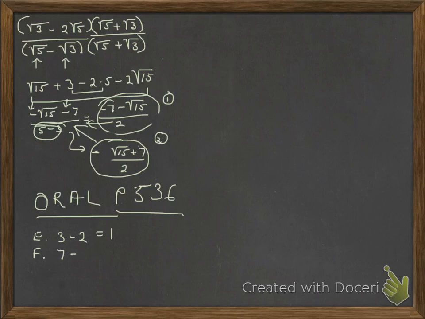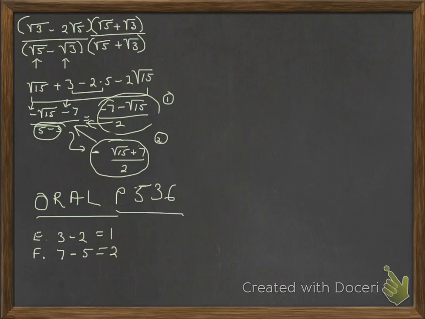It'll always be a minus sign because for conjugates the signs are going to be different. 7 minus 5 or 2. Let's do the others just orally. 2 minus 10 is negative 8. H, 5 minus 3. H is a little trickier because the 3 is not under the radical sign, so be careful. It should be 5 minus 9 or negative 4.